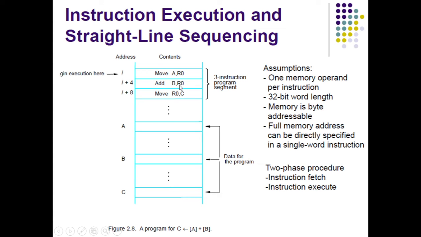That value is added with another value which is present in another memory location labeled as B. After performing this, the resultant value of this addition is obtained here in register R0 itself. So the third instruction indicates the resultant value of the addition is again moved into another memory location which is labeled as C. From this it is clear that we performed one operation, that is A plus B is equal to C. That means C equals A plus B.